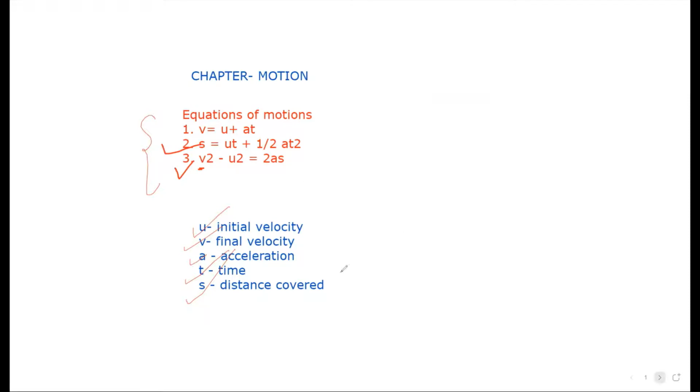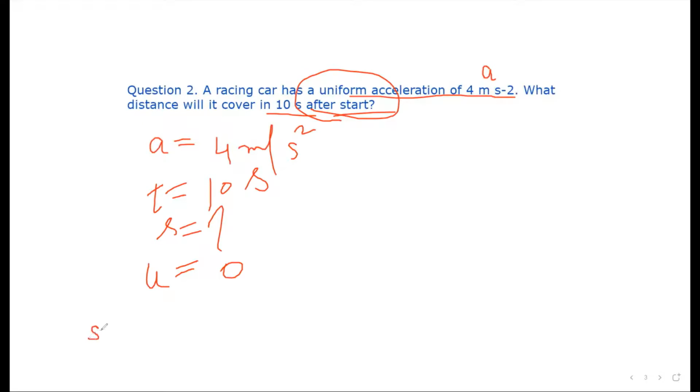So let's write down the equation. S equals ut plus half a t square. This is your equation. Next step: put the values. S you have to find out.